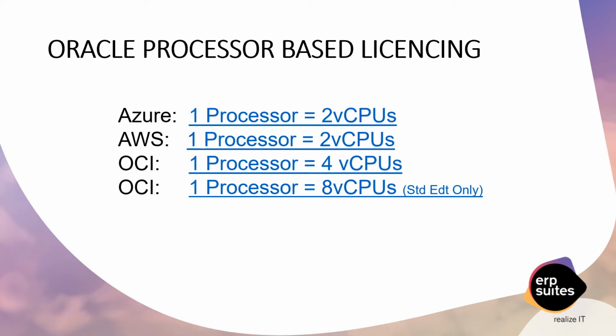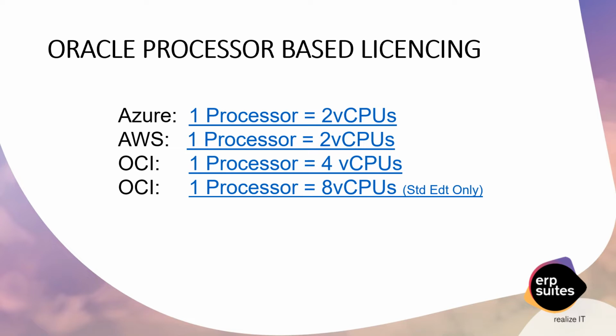So Oracle processor-based licensing. Whenever you're deploying in the cloud, it's very interesting. If you're coming from an on-prem environment, you probably know about the x86 core factor, where it basically says 2 cores on x86 were equal to 1 core on a RISC-based processor. When dealing with the cloud, though, you get to throw that out largely. So for Azure and for AWS, one processor is equal to 2 vCPU, which generally speaking is equal to 1 core.